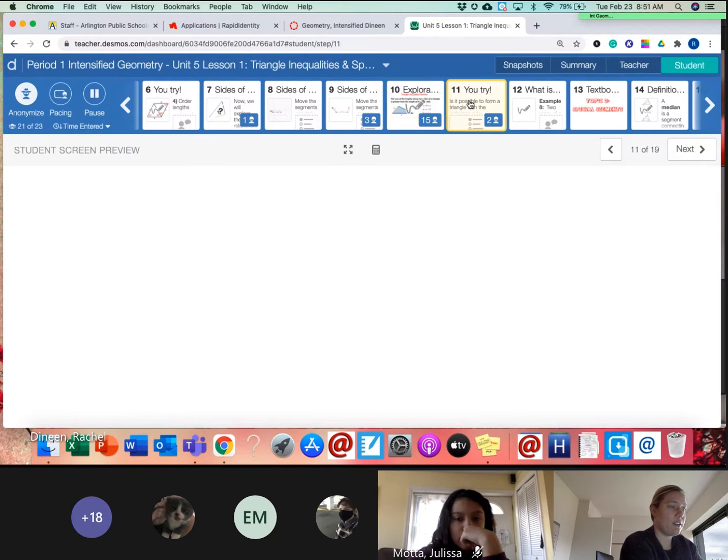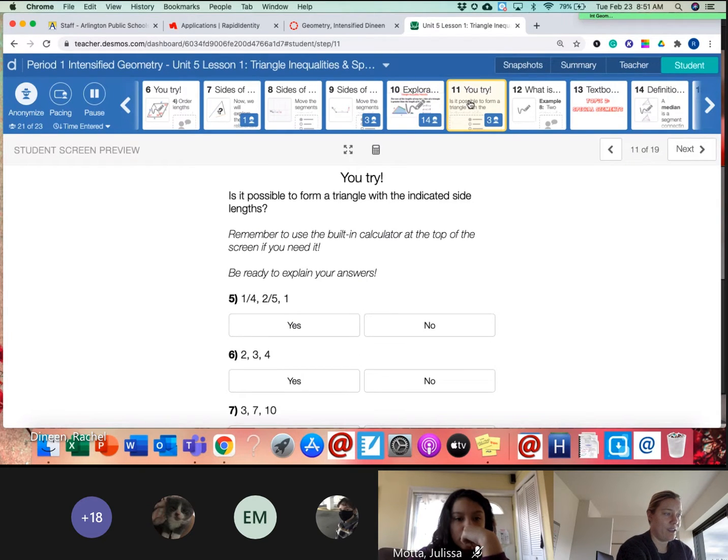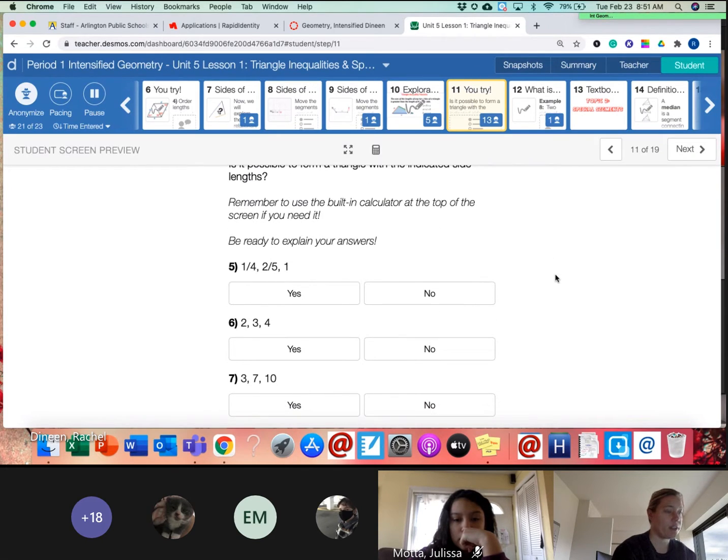So go ahead and go on to slide 10 and see if you can determine if the sides can create a triangle. So remember, when you add up two sides, they always have to be greater than the third side. It says be ready to explain your answer. So go ahead and give those 3 a try.